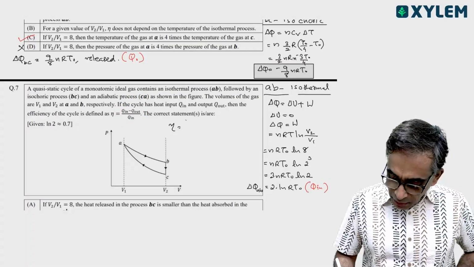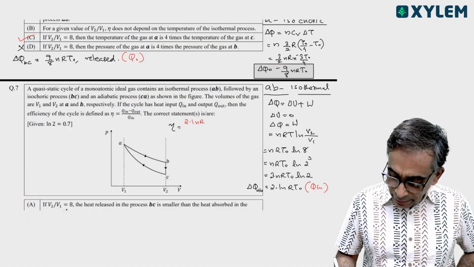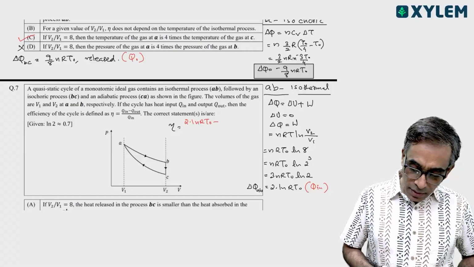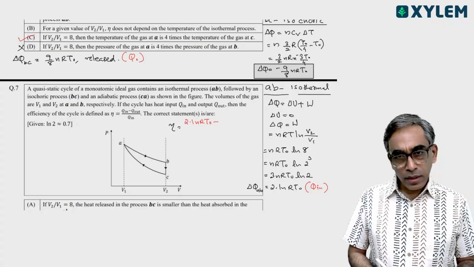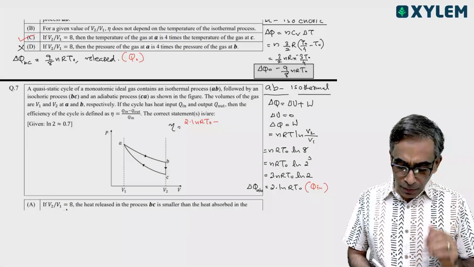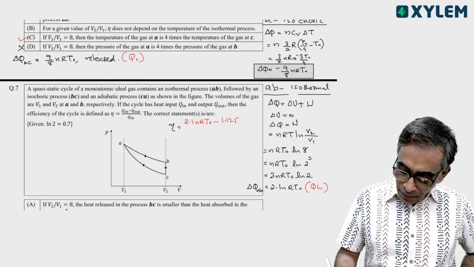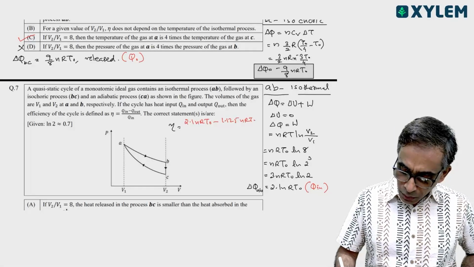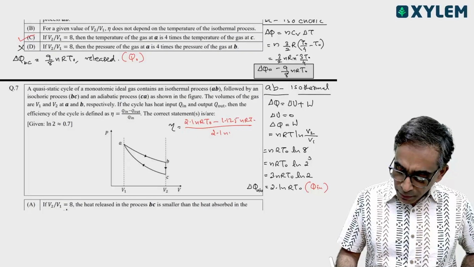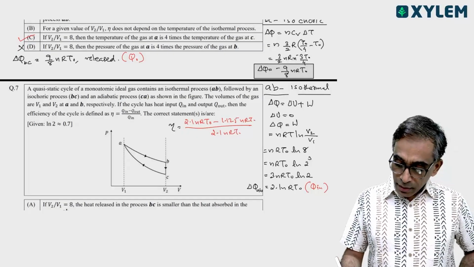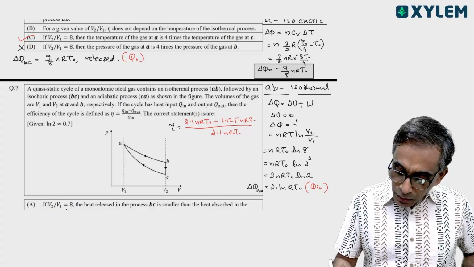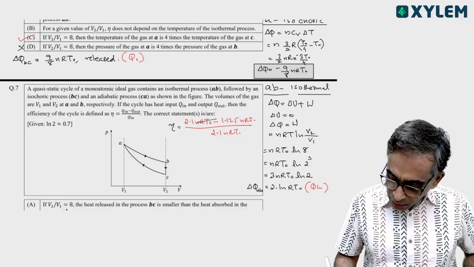Q in is 2.1 nRT0 minus 9 by 8, വേണമെങ്കിൽ simplify ചെയ്യാം 1.125 വരും. So this is 1.125 nRT0 divided by 2.1 nRT0. And ഇതിലെല്ലാത്തിലും nRT0 ഉണ്ട്, that will get cancelled.